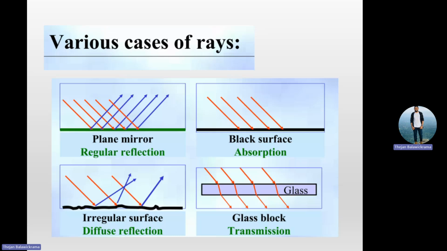So there are various types of rays I have mentioned: the normal, regular and diffuse, you know.